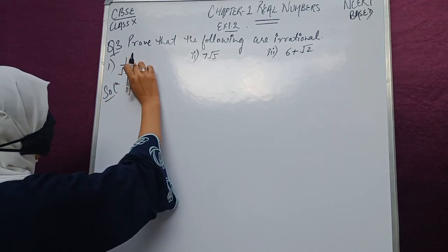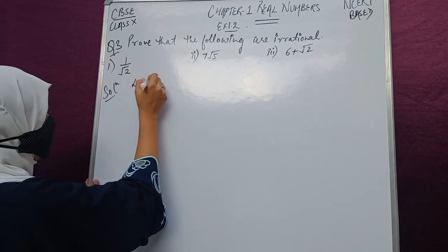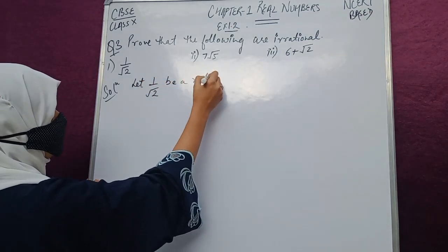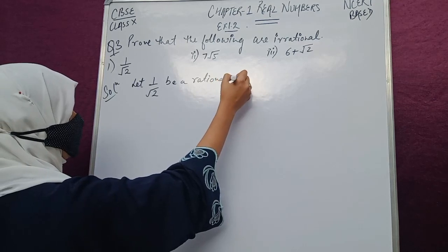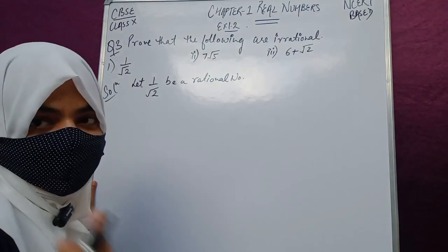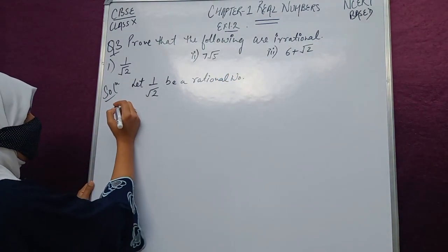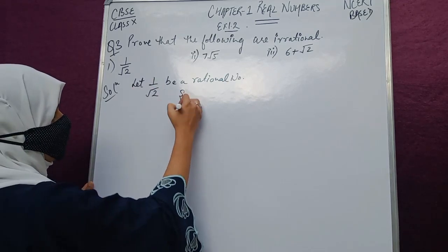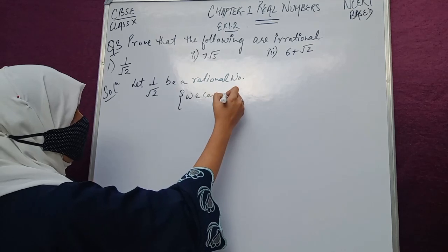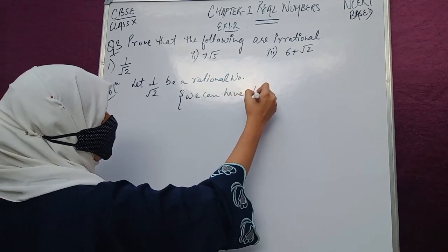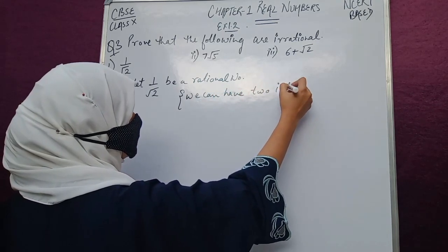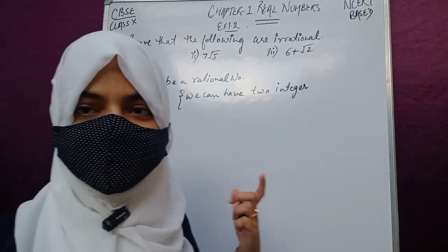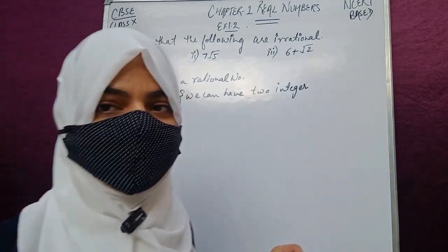If we have 1 upon root 2, we let 1 upon root 2 be a rational number. We are just assuming it, guys. Now as this is a rational number, we can have two integers. What you name the integers totally depends upon you.